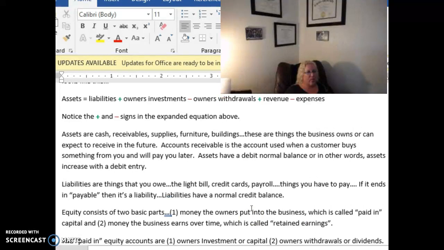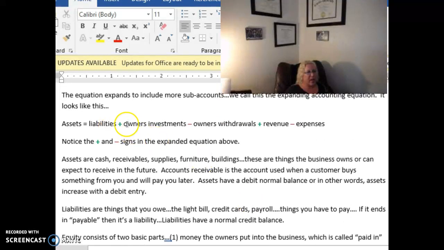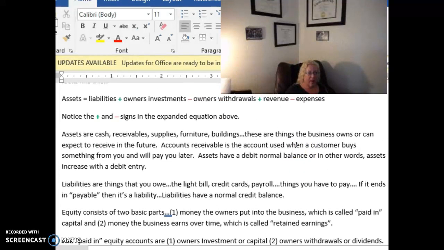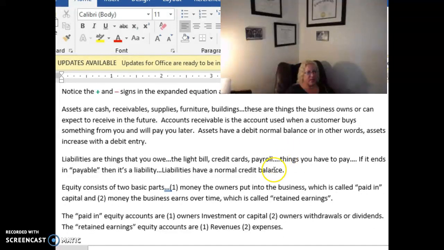Okay, so if we go back up here and look at our expanded equation, the owner's investment and owner's withdrawal, that's the paid in part, and the revenue and expenses, that is the money that the business earns over time, which we call retained earnings.